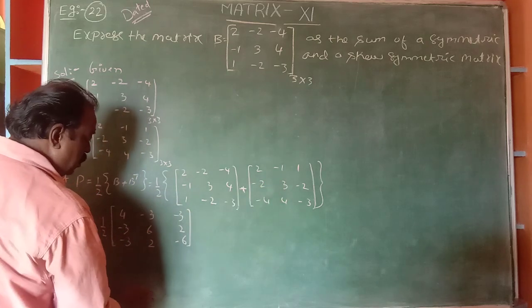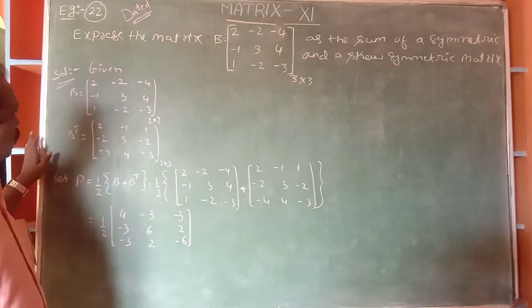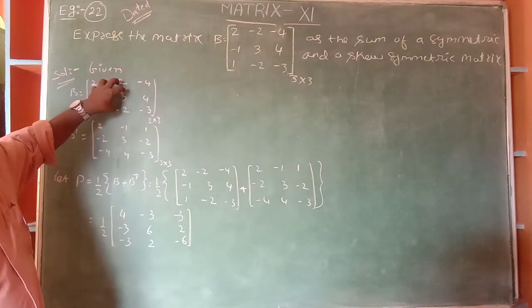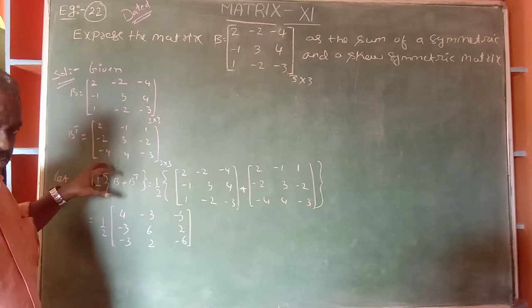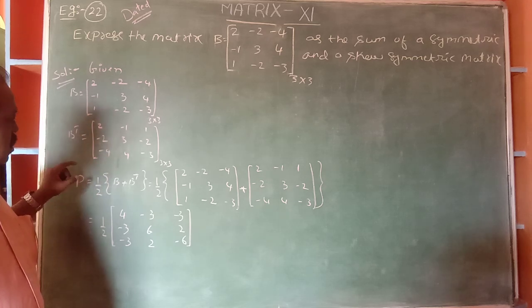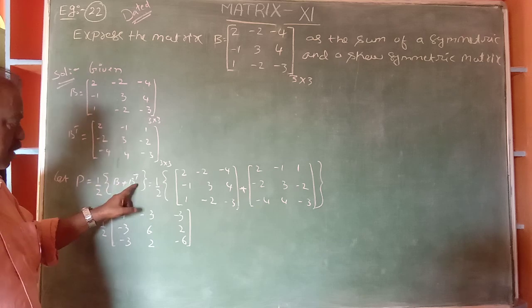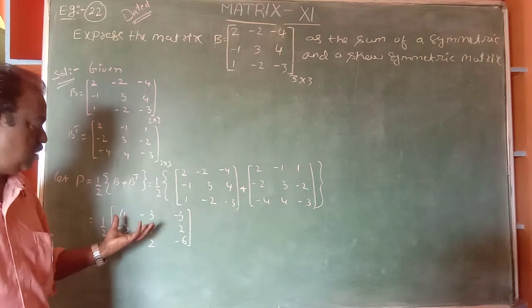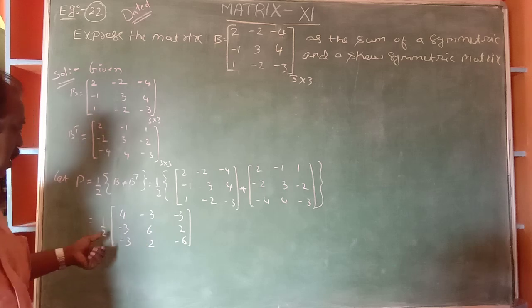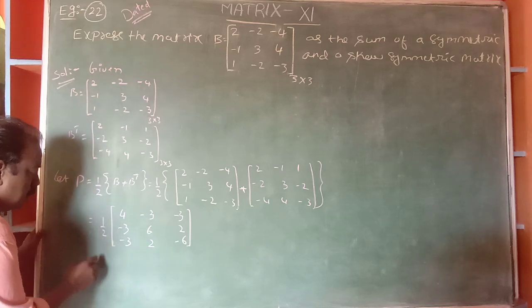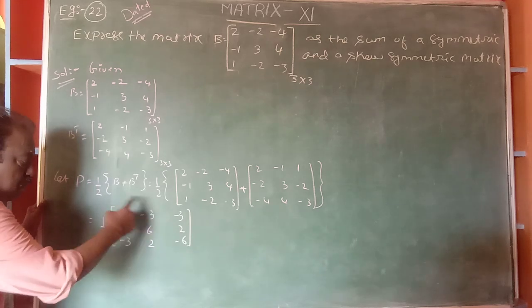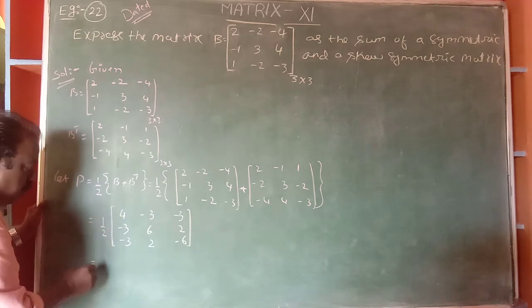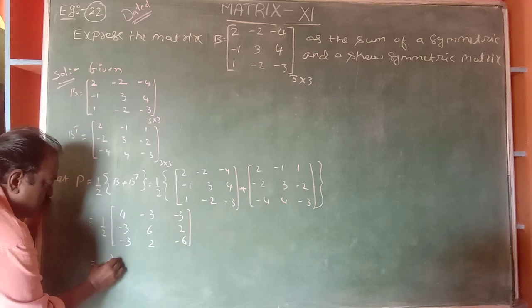See, first we are given the matrix B, and we find the B transpose, and we consider a new matrix P, which is half of B plus B transpose. B plus B transpose is made by addition, and now we are multiplying each and every element of this matrix by 1 by 2. 1 by 2 into 4 is 2.